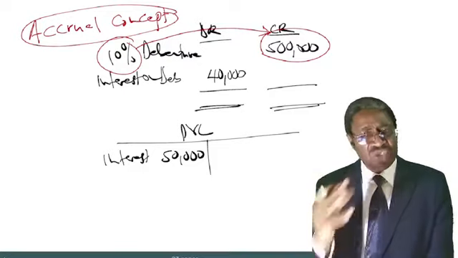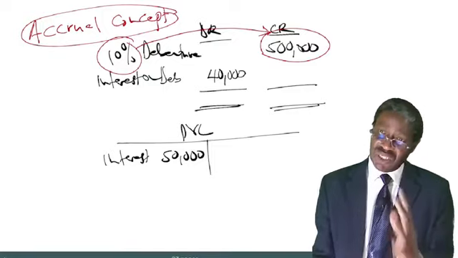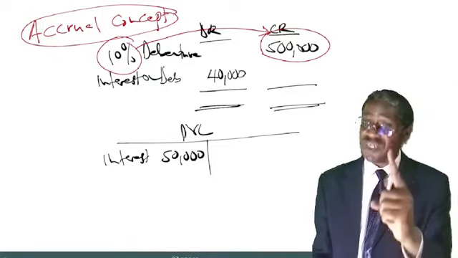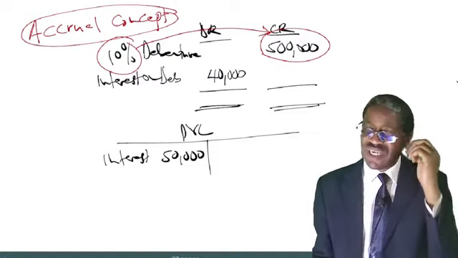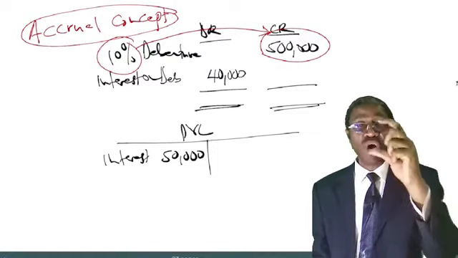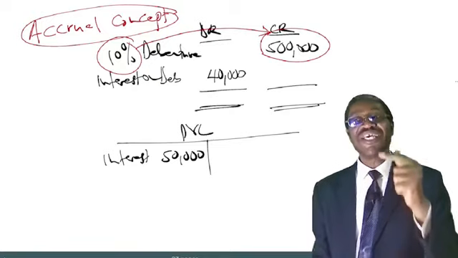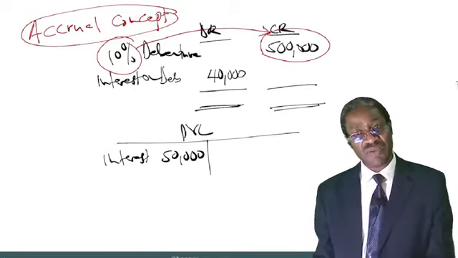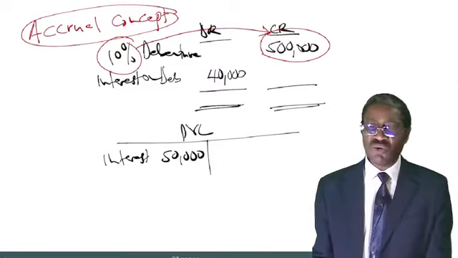From this trial balance, I can see we have only paid 40,000 for interest. But we don't take to the income statement what you have paid. You take to the income statement the charge for the year, and the charge for the year is 10% of the value of the debenture.